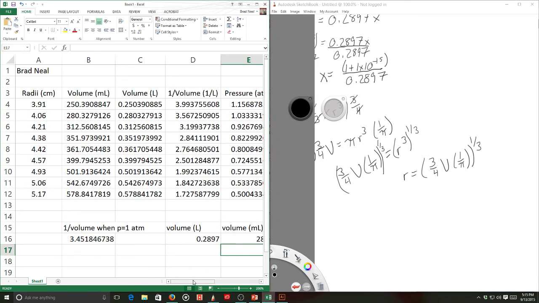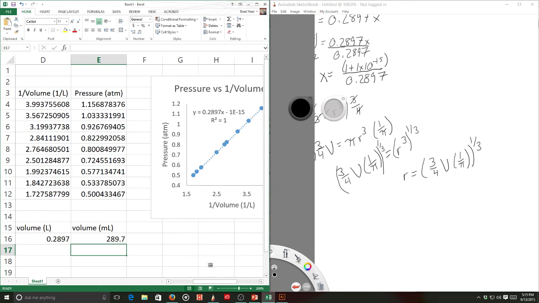So I'm going to go over here to Excel, and I'm going to say my radius in centimeters is going to be equal to, and here we go, 3 divided by 4, close that parenthesis, so that's my 3/4, times my volume, which is right here, and then times 1 divided by 3.14159.